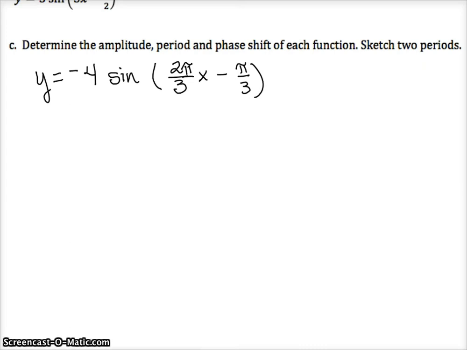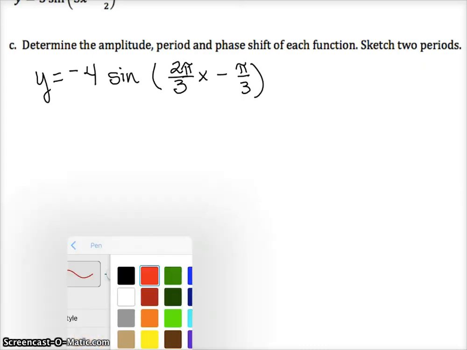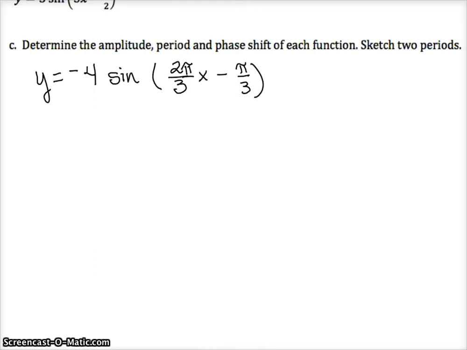Before we get started, I just want to review and add one thing to the different types of equations we're looking at. So far, we've learned how to graph y equals a times the sine of bx, or a times the cosine of bx. But anytime we have a horizontal shift, we know that we are adding or subtracting some other constant which causes a horizontal shift.